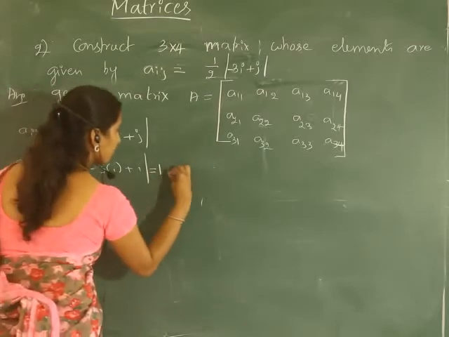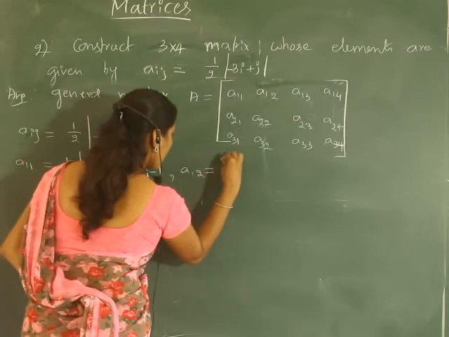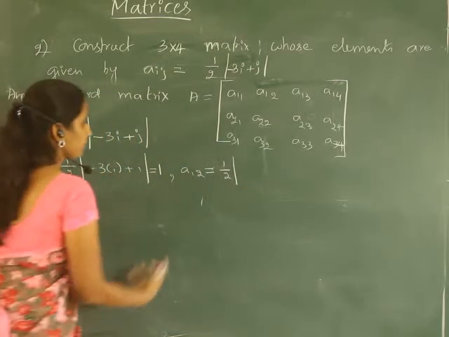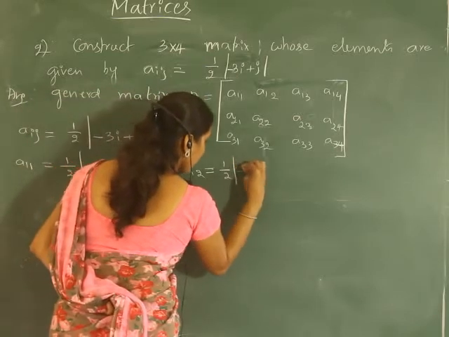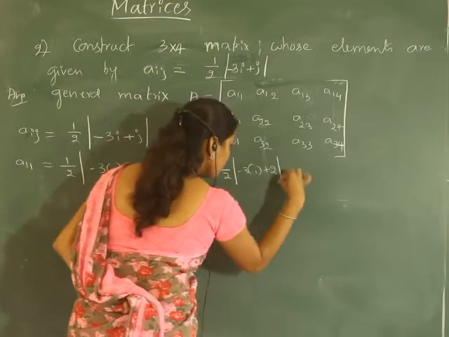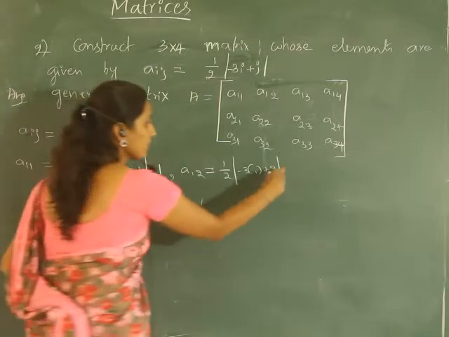Then A12 will be half into modulus of minus 3 into 1 plus 2. So minus 3 plus 2 is minus 1. So the magnitude will be plus 1. So it is 1 by 2.